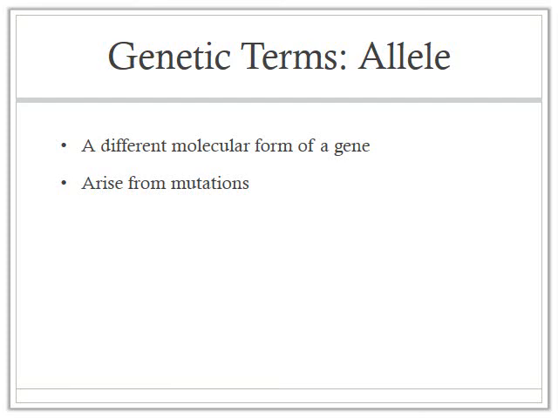These new alleles arise from mutations. So every once in a while, a new allele of a gene can pop up through a mutation. Basically, that mutation, a point mutation, a frameshift mutation, a deletion, addition, something like that, is going to change that particular gene.